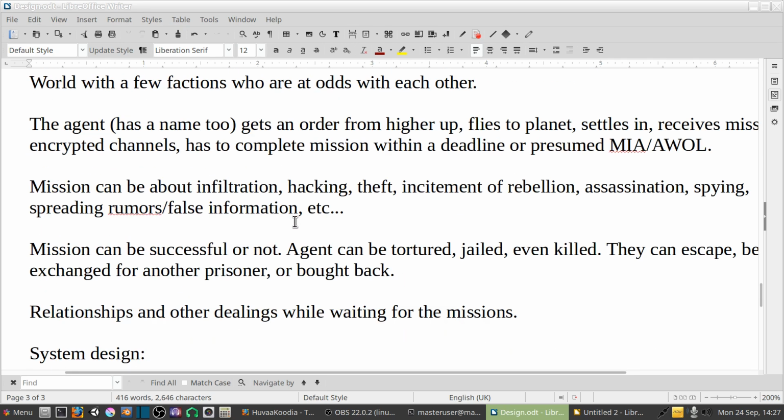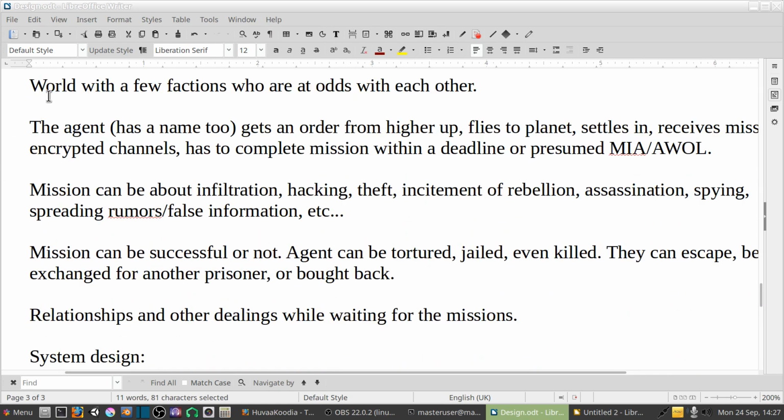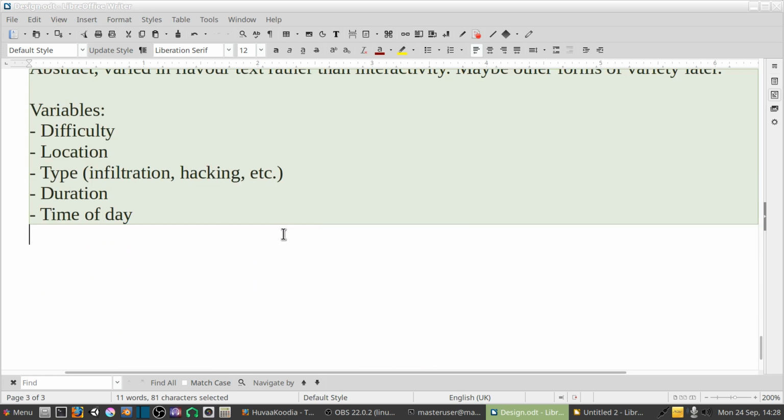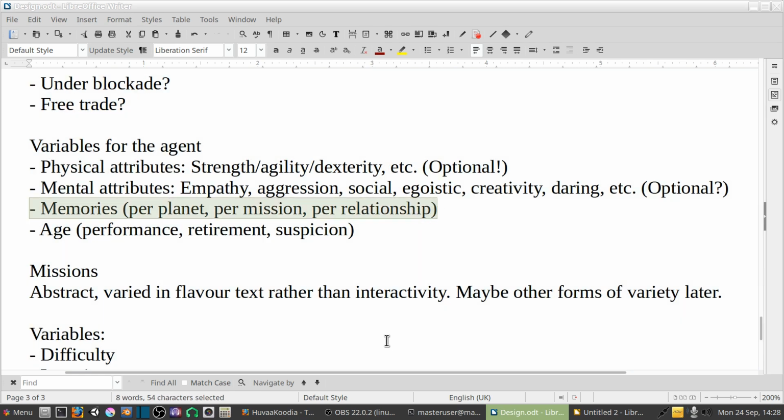Not at all. The writing is going to be the big part here. If I drop these, and I will, then the writing is only affected by these variables. This is the hard one, because the system I have doesn't actually support generating variables on the fly, as far as I remember. So per planet, that's going to be kind of difficult.